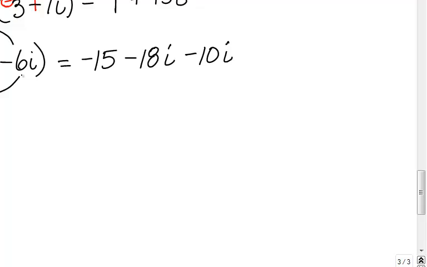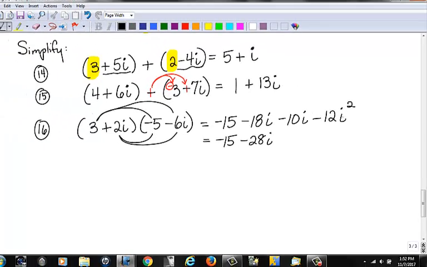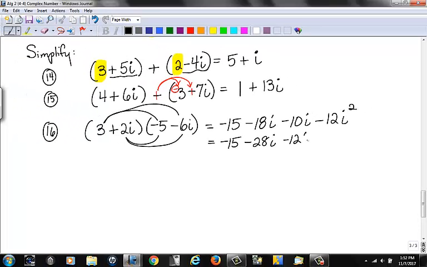Positive 2i times a negative 6i would be negative 12i squared. But what is i squared? Negative 1. So we've got to simplify. And we can combine negative 18i and negative 10i, negative 28i, and then that'd be a negative 12 times a negative 1.